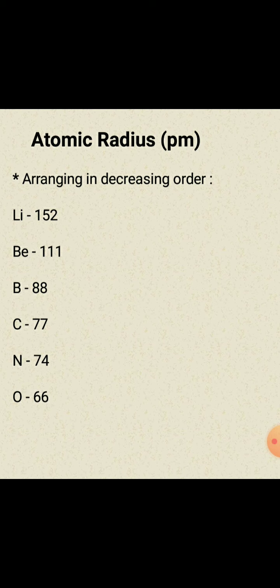So this is the property of the elements related to atomic radius. This you need to keep in mind. By this activity, we can see that the atomic radius decreases when we move from left to right in a period.